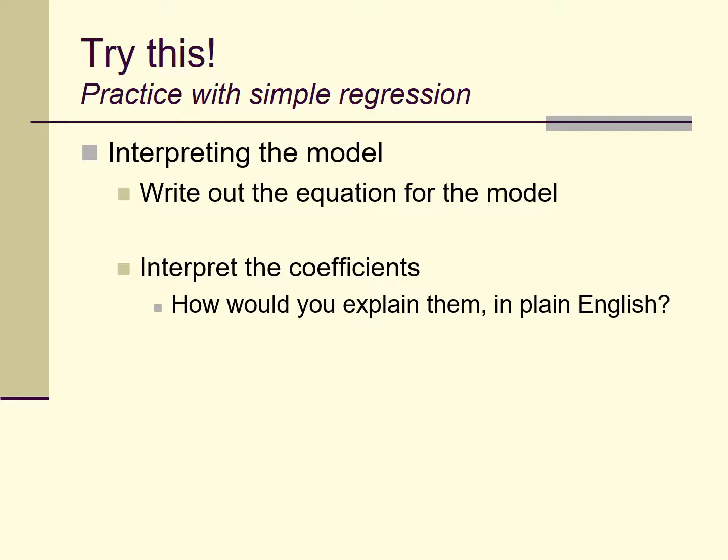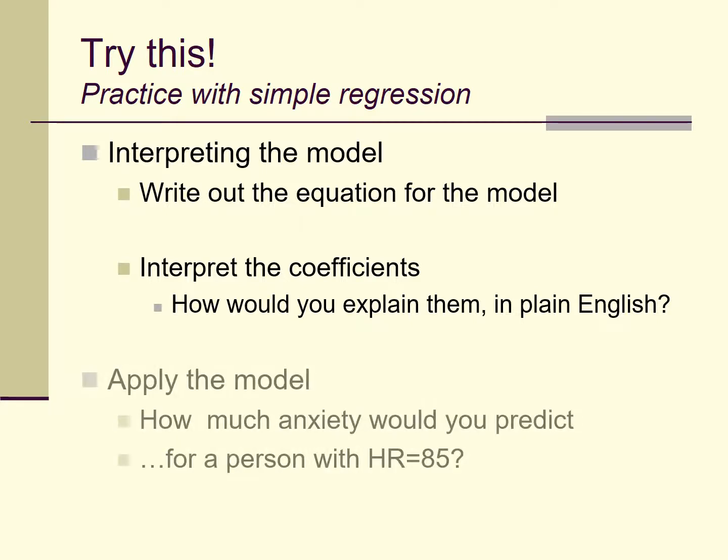Think, how would I explain what these coefficients mean? B sub 0, B sub 1 for the augmented model. If I was trying to explain them to a friend or colleague, what would I tell him or her? And then see if you can apply the model and use the model to predict how much anxiety a person would have if they began at baseline with a resting heart rate of 85 beats per minute.